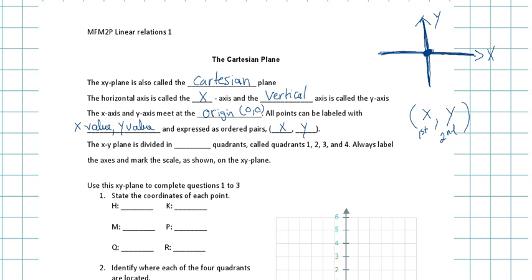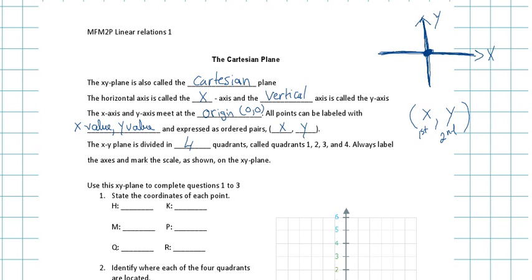Now, if you're going to look at this plane, the xy plane, how many quadrants do you see? How many sections do you see? 4 sections, that's right. We call them quadrants. So we have quadrant 1, quadrant 2, quadrant 3, quadrant 4.